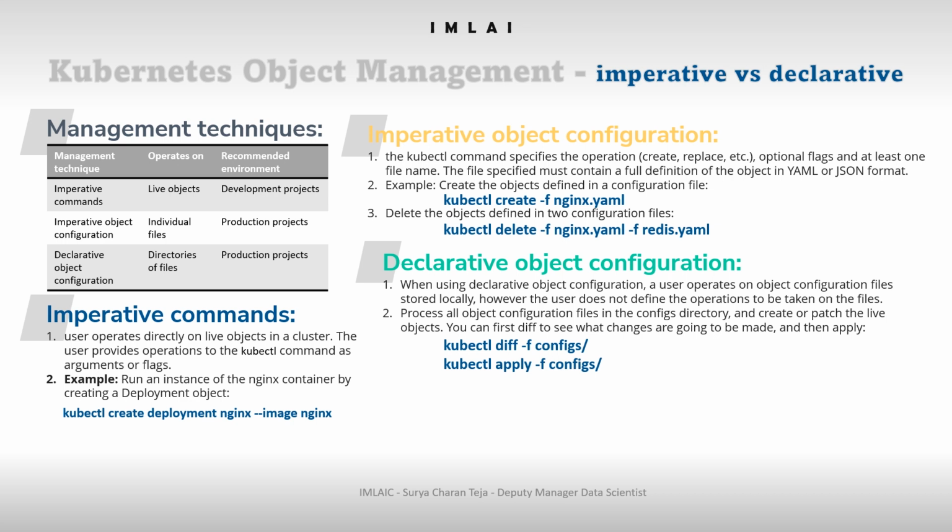This is how you use a kubectl diff to see what changes are going to be made, and then once you apply -f config, all the definition files which are there inside this directory will be executed, based on the instructions mentioned inside that YAML file, and will be created and deployed, whatever type of object it could be, that object will be run.